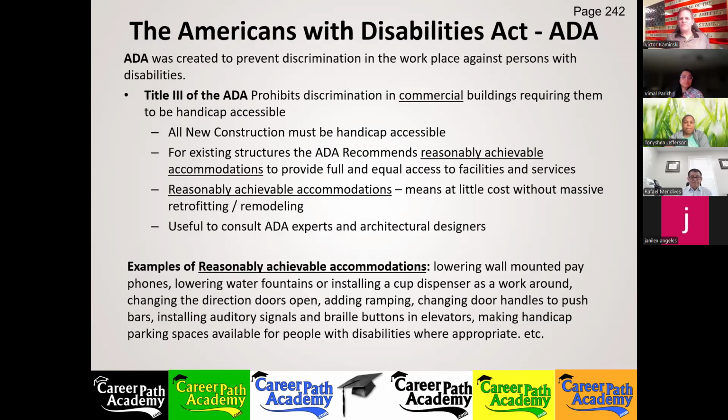Reasonably achievable accommodations means at little cost, without massive retrofitting or remodeling. It's useful to consult ADA experts and architectural engineers or designers. So what is a reasonably achievable accommodation? Well, lowering wall-mounted payphones, lowering water fountains, or installing a cup dispenser next to one instead of lowering the whole water fountain and redoing the plumbing.